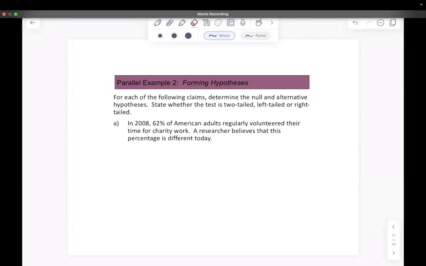A researcher believes this percent is different today. Here's my trigger word right there, different. Different means two-tailed test. So this is a two-tailed test because it says the word different.